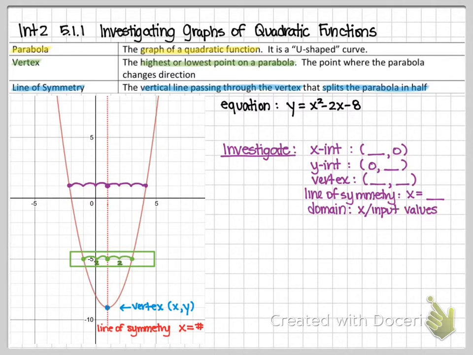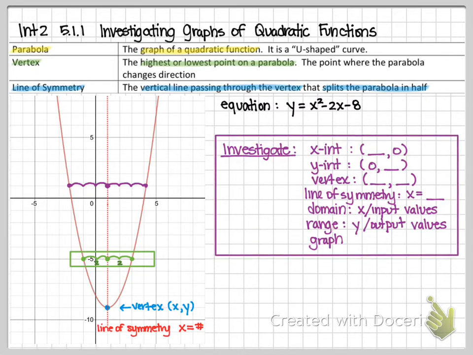And then the range, which is normally the y, but also generically called the output values. And then last but not least, you need the graph. So those are the things that we're going to be looking for when we're asked to investigate something. So we'll need to know that list, especially on the next slide.